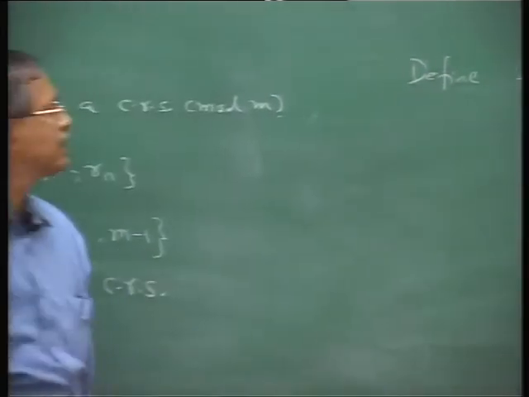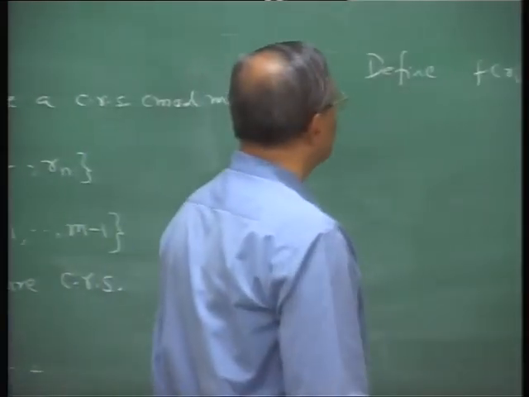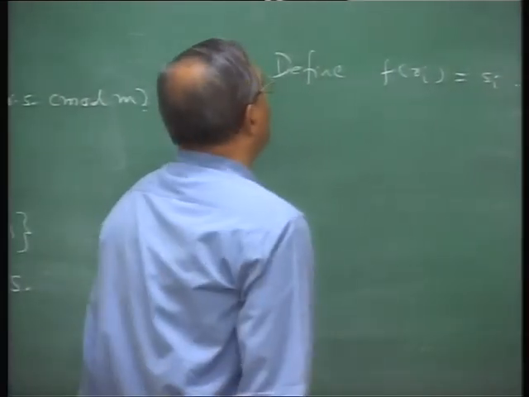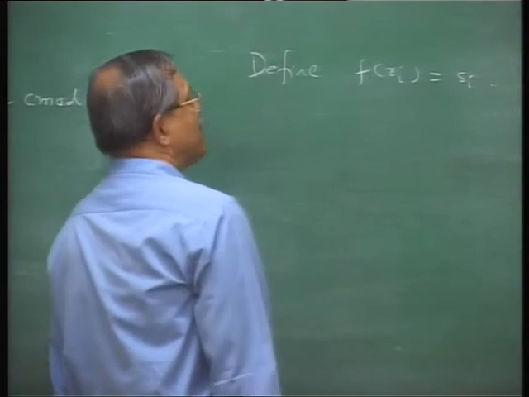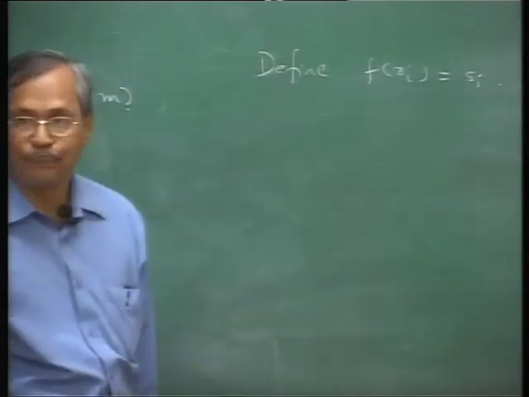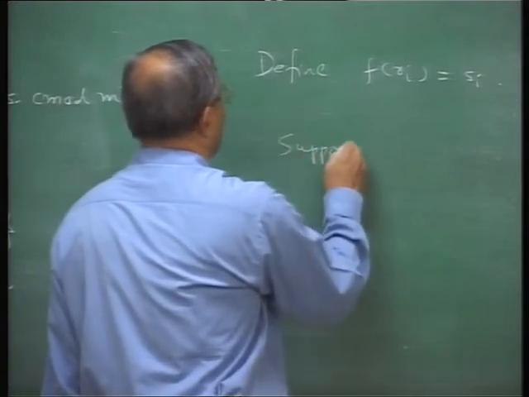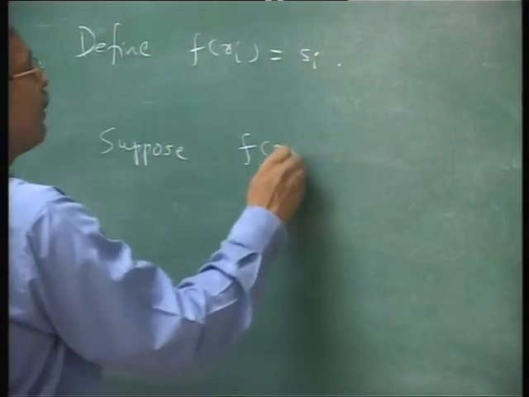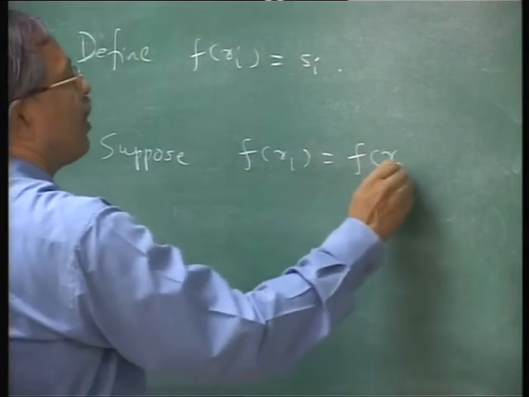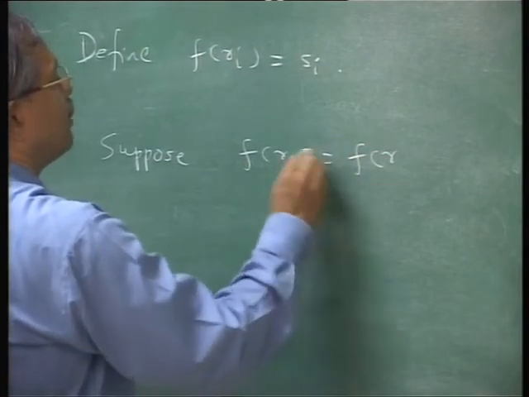So we are having a function from S1 to S2. Now this function is one-one as well as onto, that is the point. So suppose f of Ri equal to f of Rj.